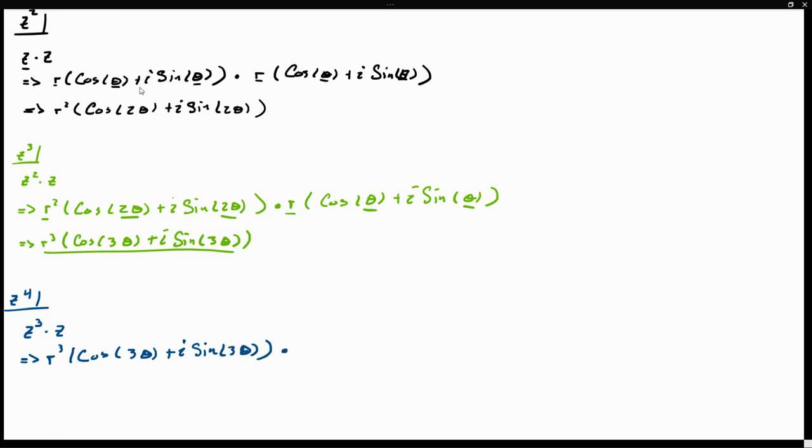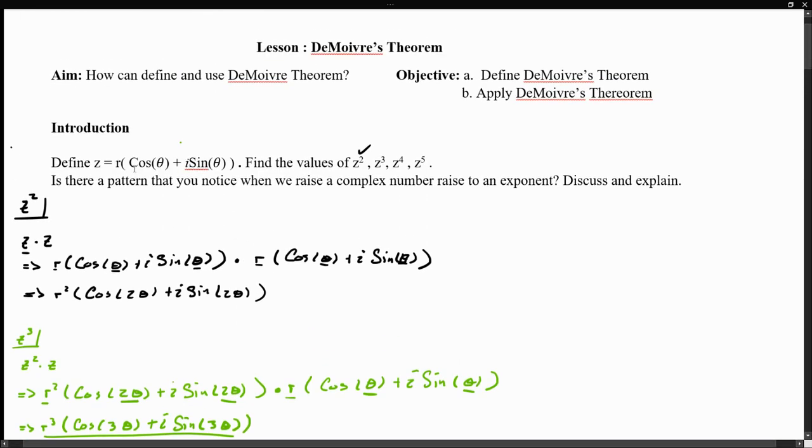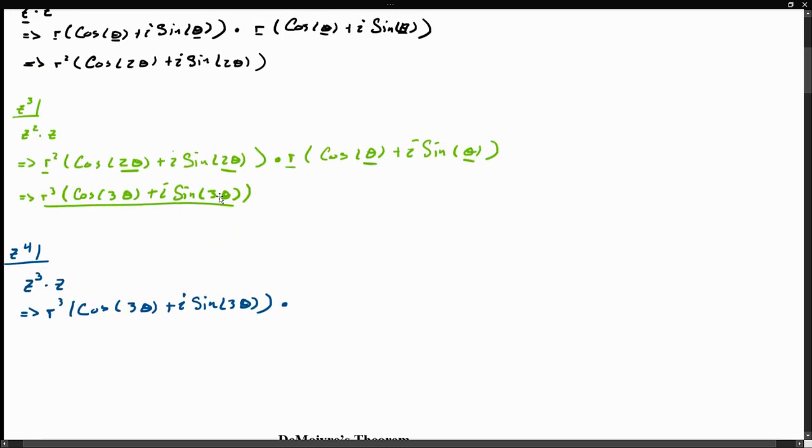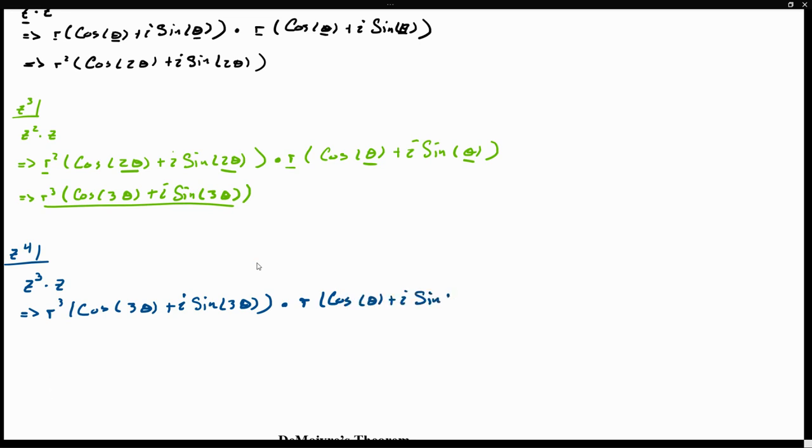Now let's multiply this by another z, which was initially defined as r cosine theta plus i sine theta.